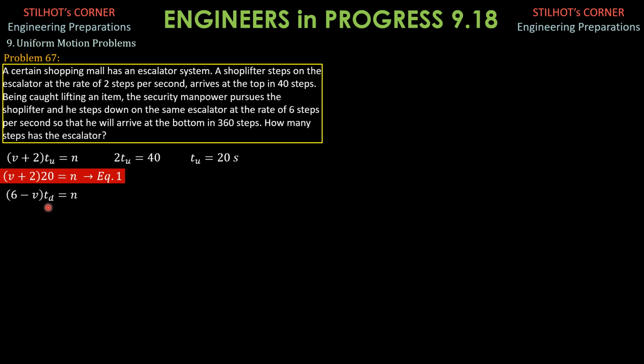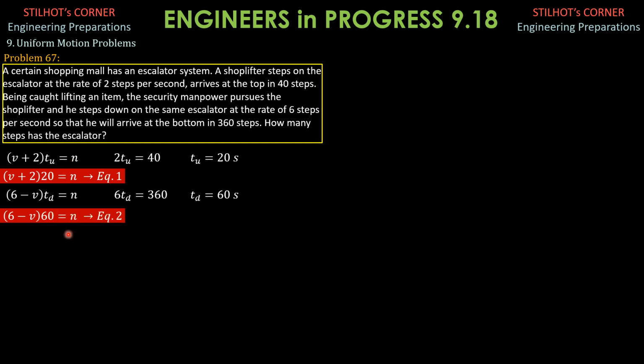And the time in going down can be computed because 6 steps per second times time in going down is equal to 360 steps. This is the number of steps that the shoplifter underwent. So time in going down is equal to 60 seconds, and we substitute it into the same equation here. 6 minus v times 60 equals n.